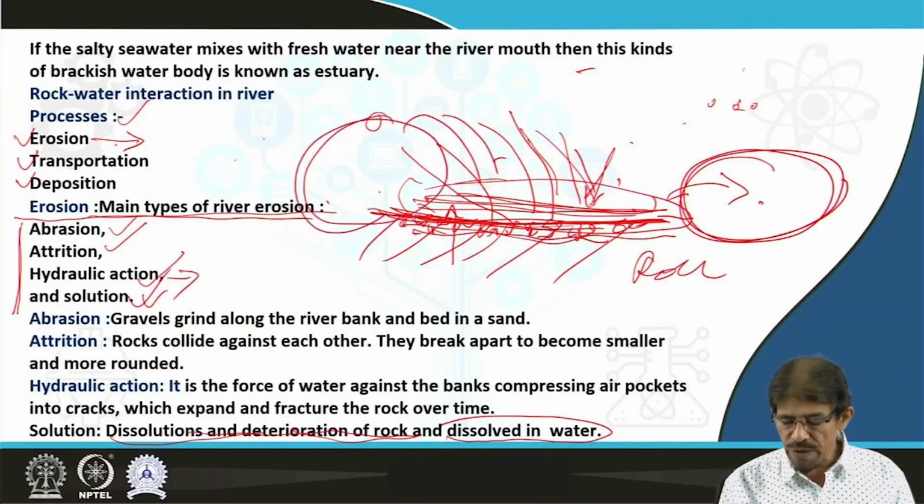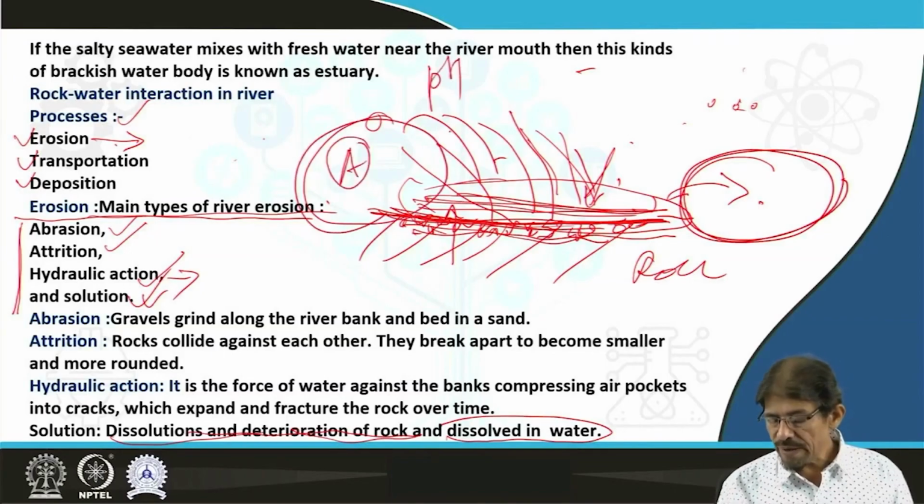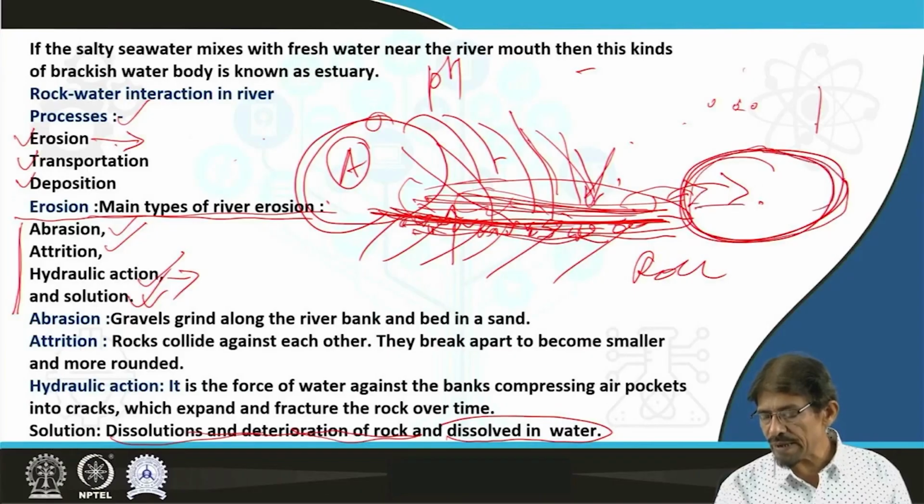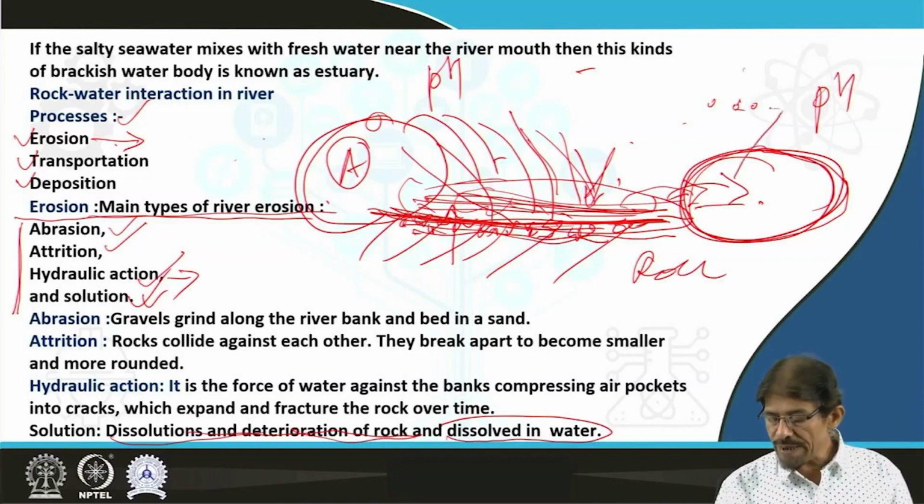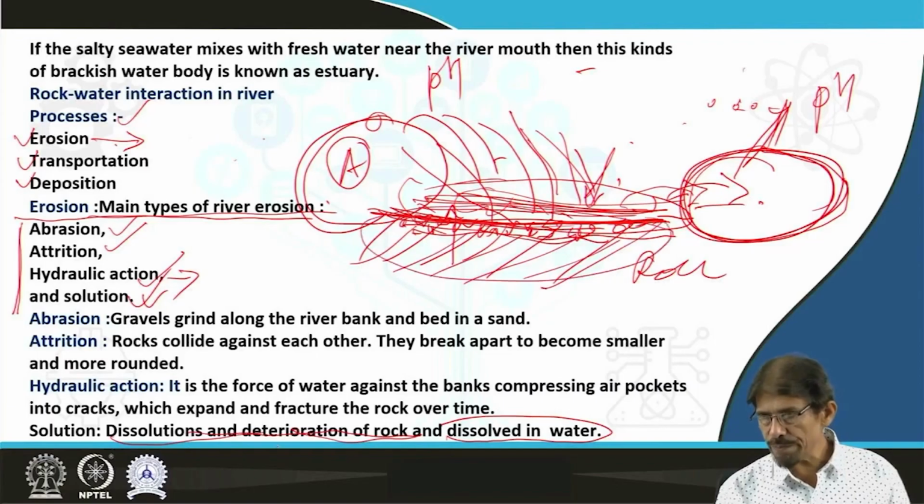Suppose before interaction at point A the pH was different, and after interaction, when some of the mineral constituents mix in the form of solution, then there is a change in pH. So the quality of water depends on the minerals present in the root zone as well as the host zone.